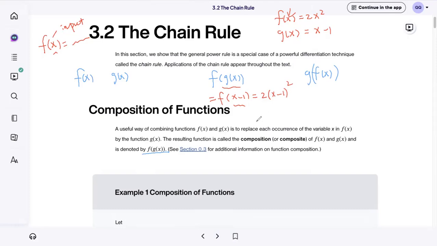That's it. That's f composed with g. What's g composed with f? That means g takes f as input. f is 2x squared. How is g defined? g is saying the input subtract 1. The input subtract 1. And that's it. All right.